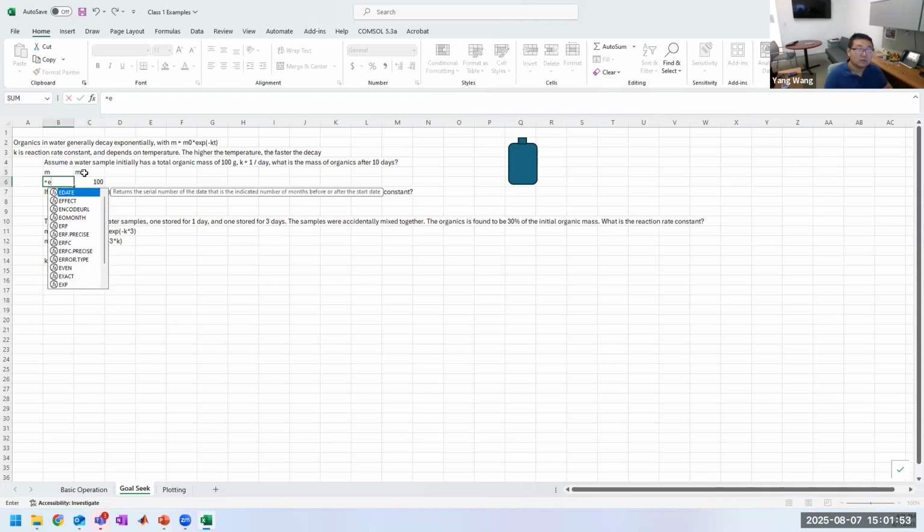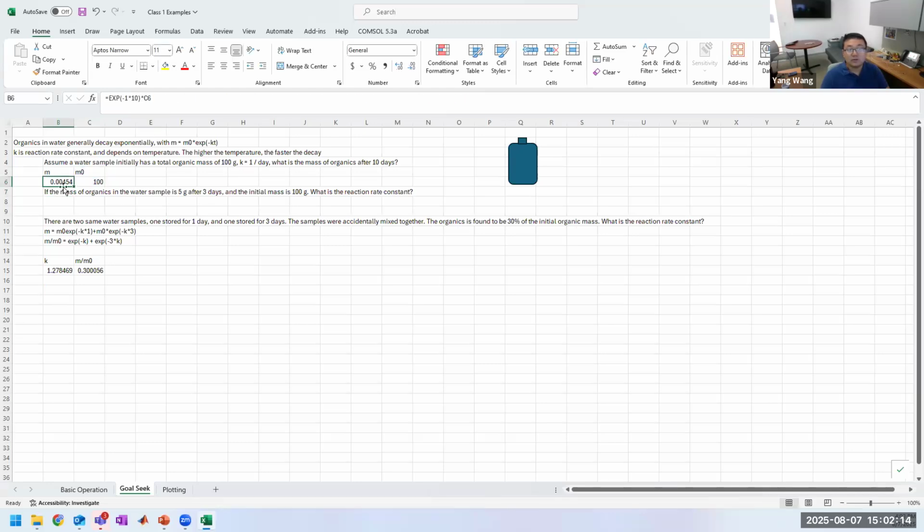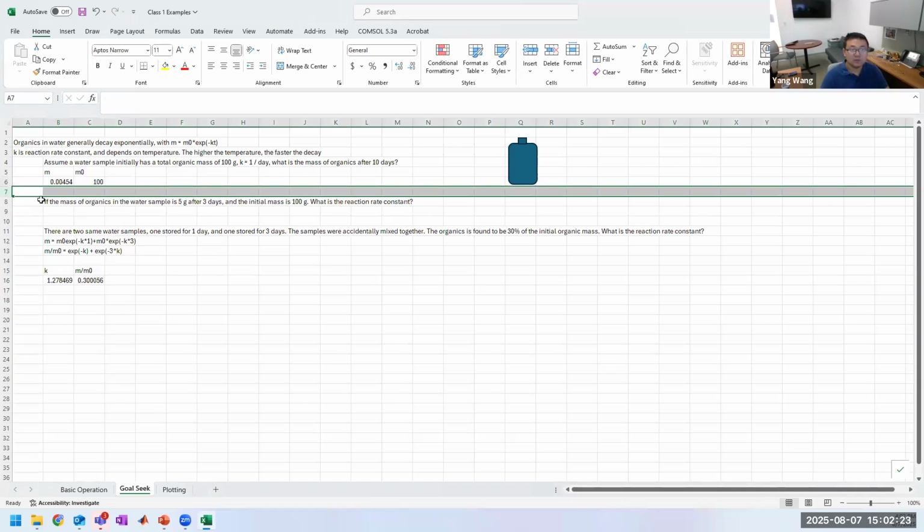M is going to be the exponential of minus k, which is 1, multiplied by t, which is 10 days, and then multiplied by M0. Let me put it here first and then drag it down. You see that after 10 days, the mass of the organics is 0.0045, which is very small. Exponential decay is very fast.